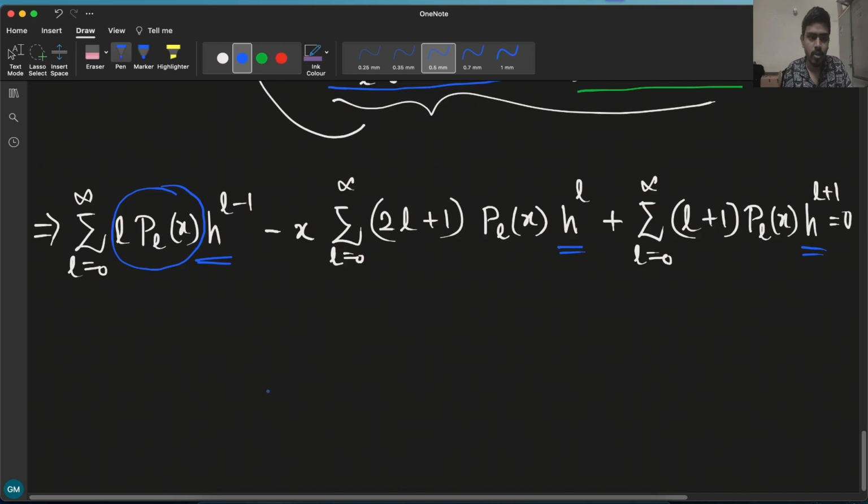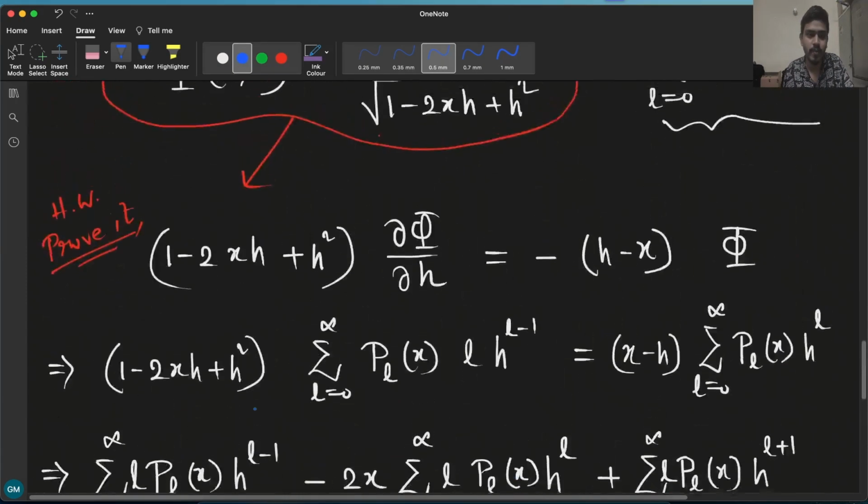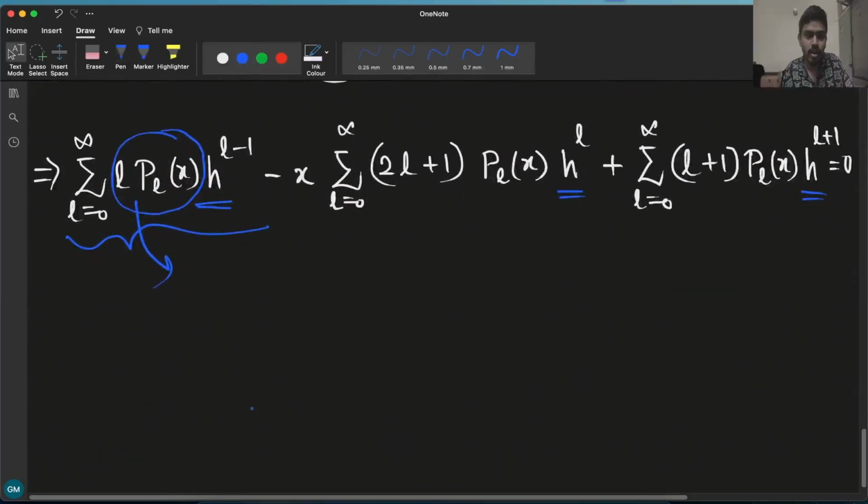Now if I do the index shifting in this term and make it look like h to the power l, then these terms will change, but we don't want that, we already got that term. So the idea is that we will not do the index shifting for this term.